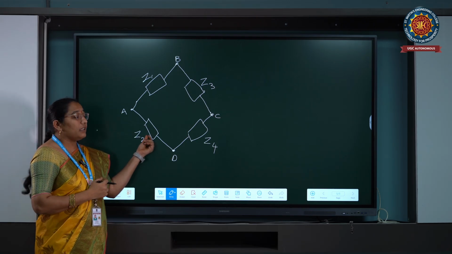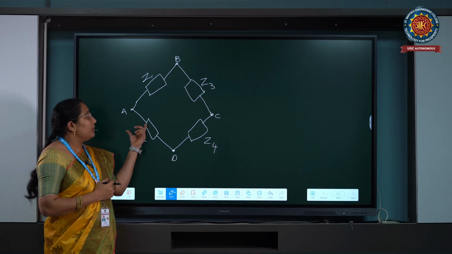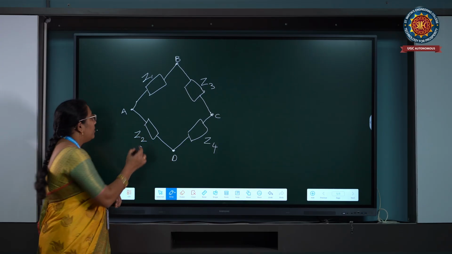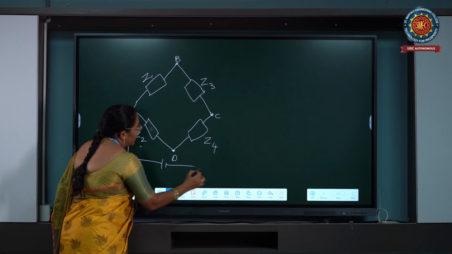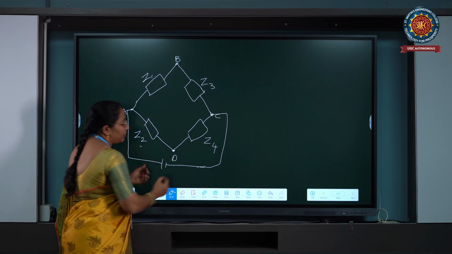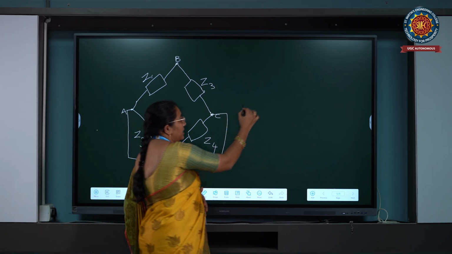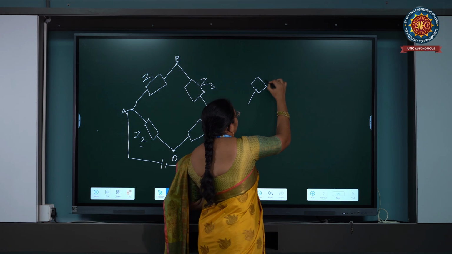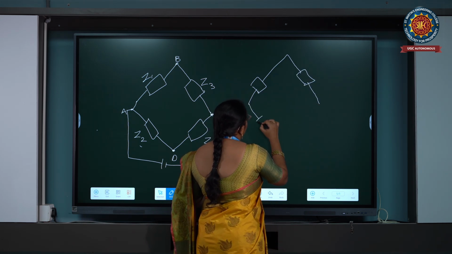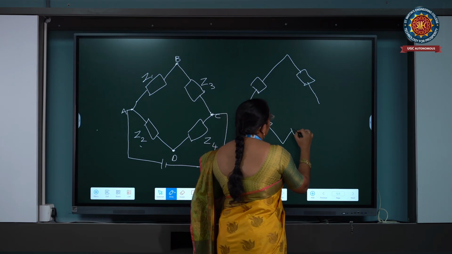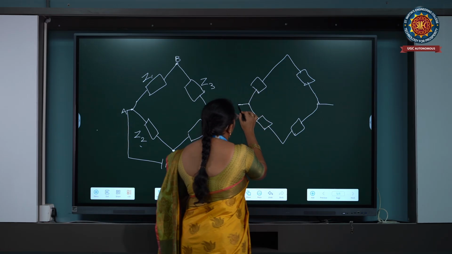For operating this bridge, we have to give supply to the bridge circuit. For example, in DC bridges, we connect a battery to the bridge. For AC bridges, we connect a voltage source based on the frequency between the 2 nodes.